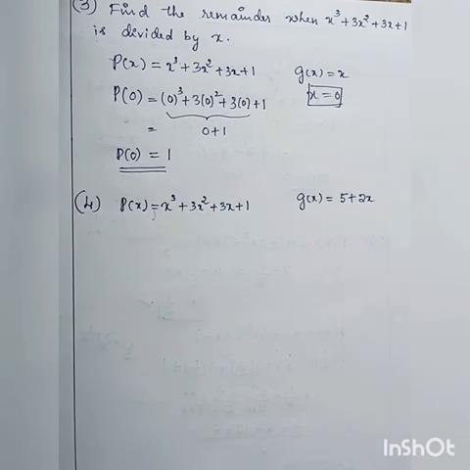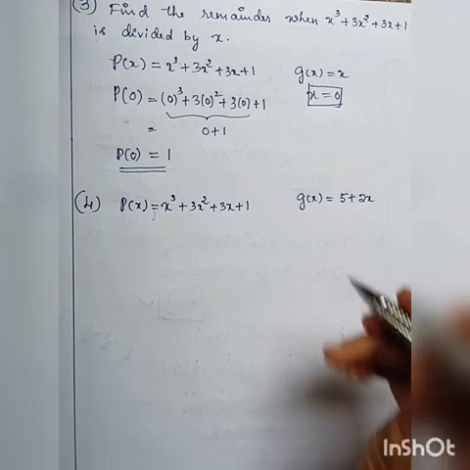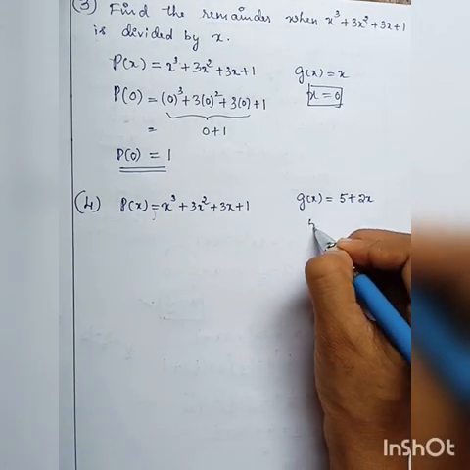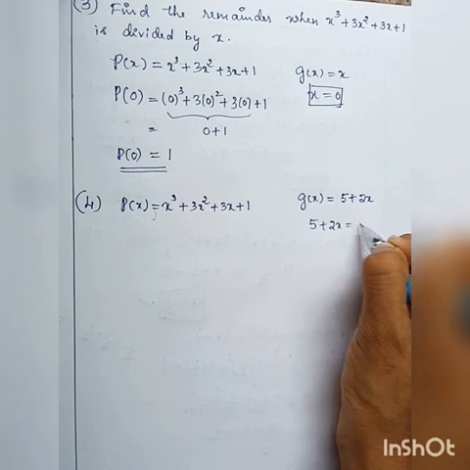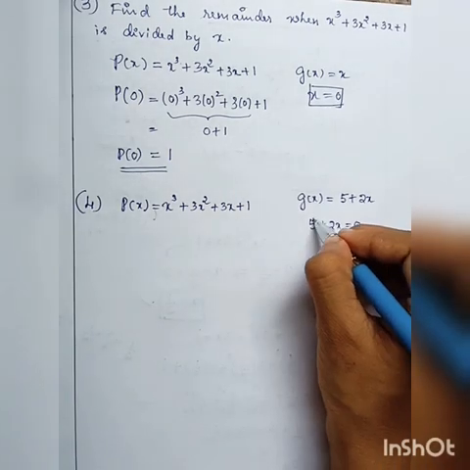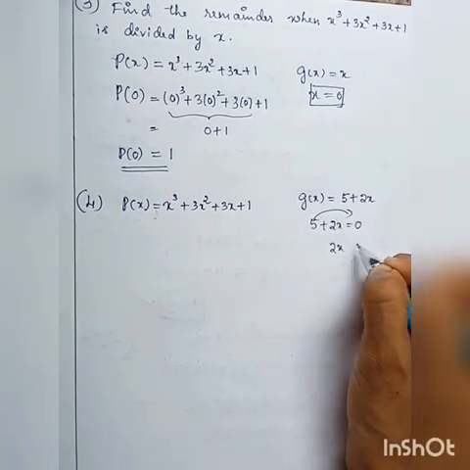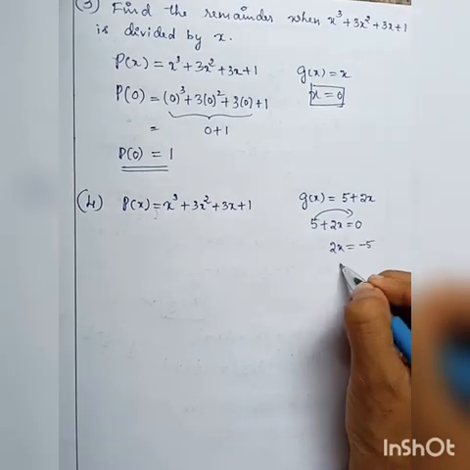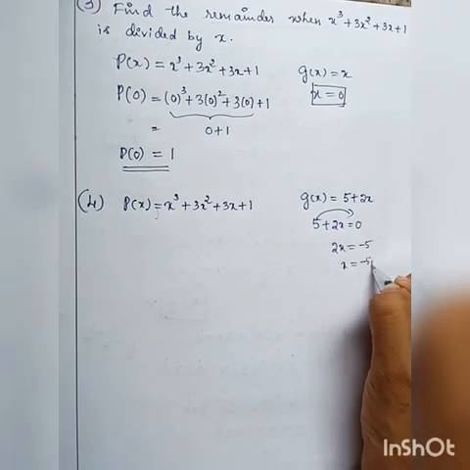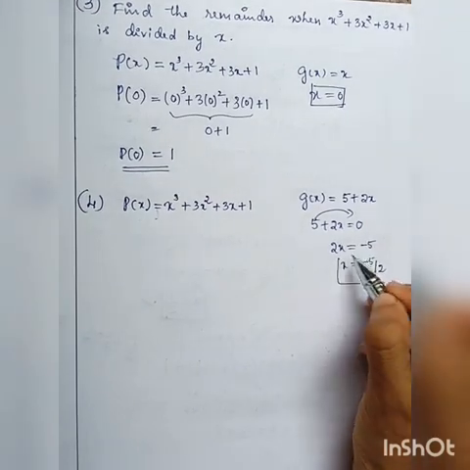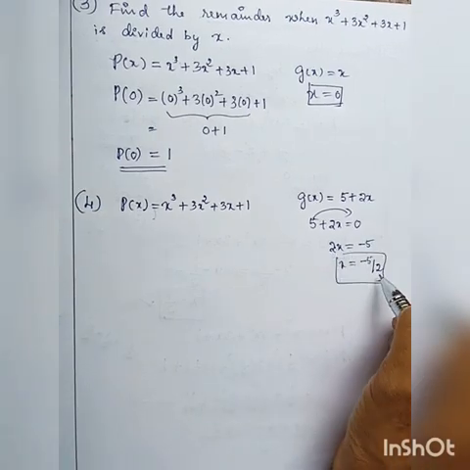Check the fifth one. P of x is equal to x cube plus 3x square plus 3x plus 1, and g of x is equal to 5 plus 2x. So here, the same way, 5 plus 2x is equal to 0. So plus 5 you transpose, 2x is equal to minus 5. x is equal to minus 5 by 2, so the 2 becomes division.